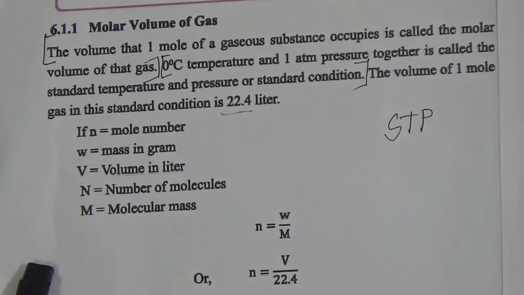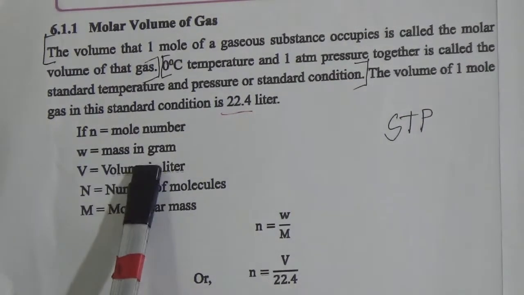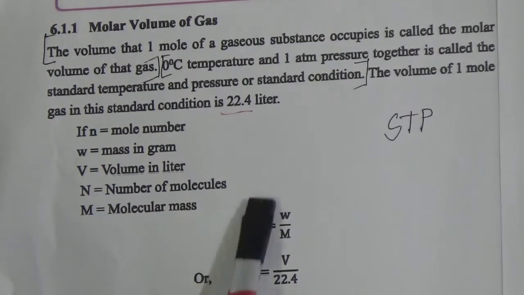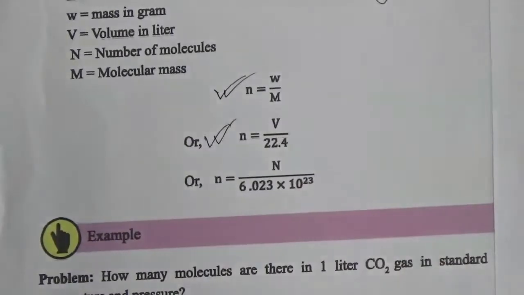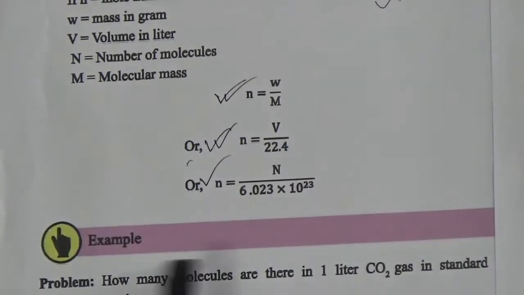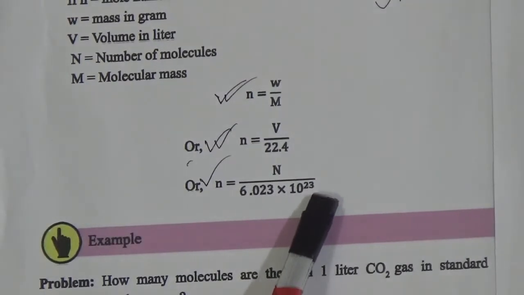And here we will get some formulas that we will use in our mathematics. If small n is equal to the mole number, W is equal to mass in gram, V is equal to volume in liter, capital N is equal to number of molecules, and M is equal to molecular mass, then small n is equal to W by M. Also we have to learn that small n is equal to V by 22.4, and small n is equal to capital N by Avogadro number, 6.023 multiplied by 10 to the power 23, and this is the Avogadro number.